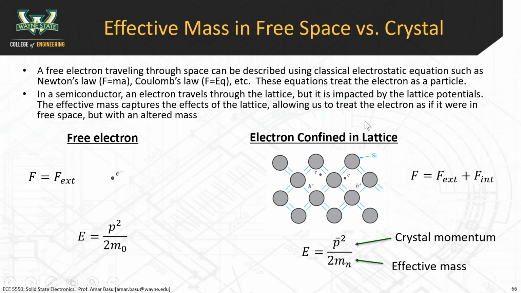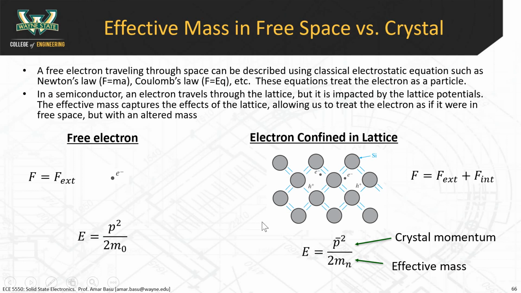All right, now for an electron that's confined in a lattice, so let's say you have an electron that's in the conduction band, it's loosely bound to the lattice so it can move around. It's not that it's completely stuck. It can move around, but it's influenced, it scatters, it bumps, it's impacted by the lattice.